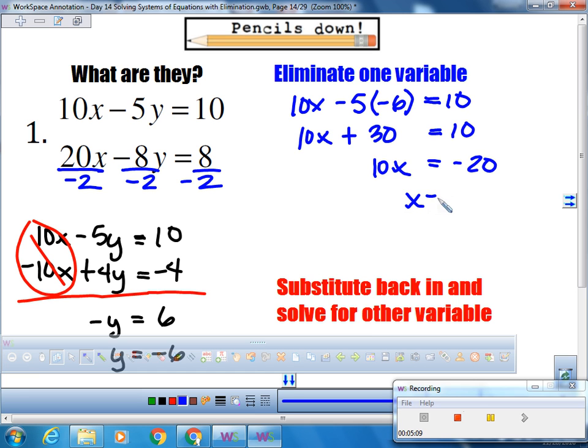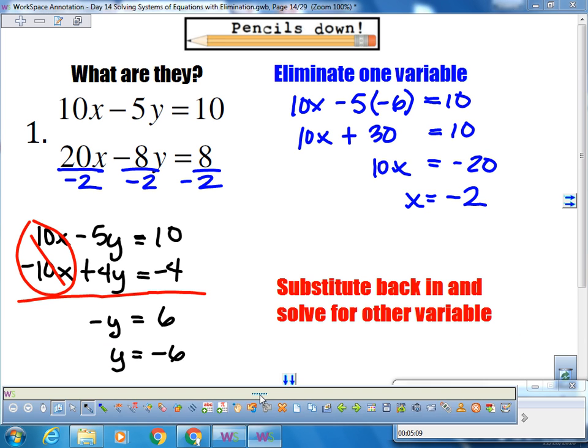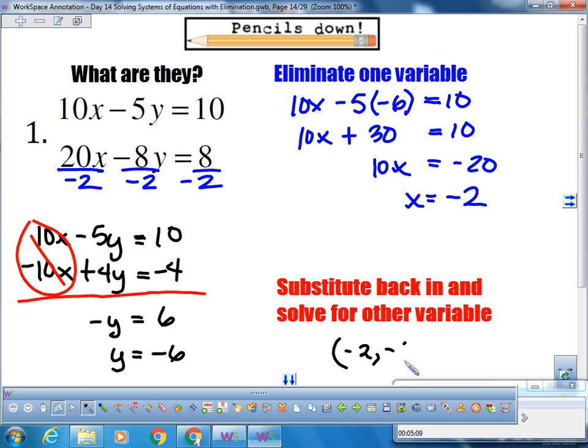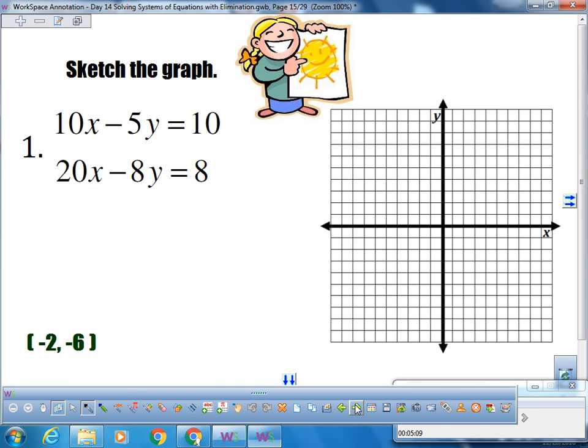So x equals negative 2. So my solution is going to be negative 2, negative 6. Correct? All right. So I have my answer right here, negative 2, negative 6.